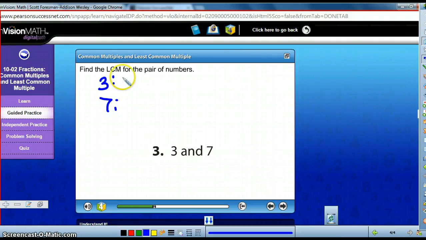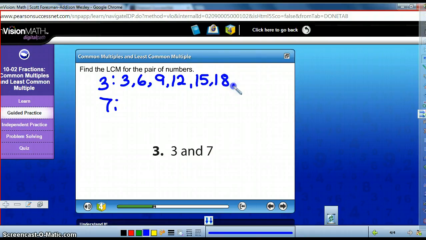So, we start. 3 times 1 is 3. 3 times 2 is 6. 3 times 3 is 9. 3 times 4 is 12. 3 times 5 is 15. 3 times 6 is 18. 3 times 7 is 21. 3 times 8 is 24. 3 times 9 is 27. I'm going to stop right there.